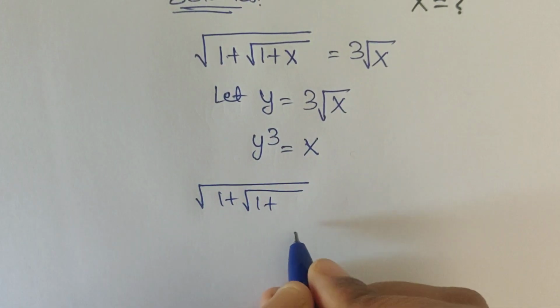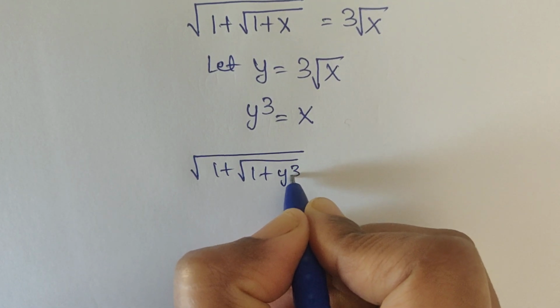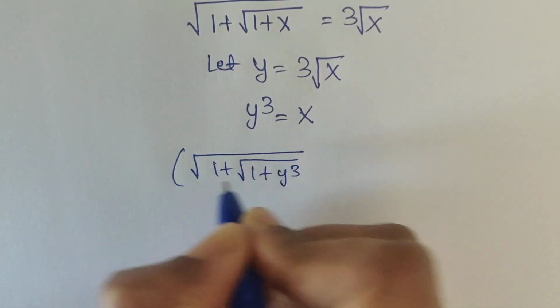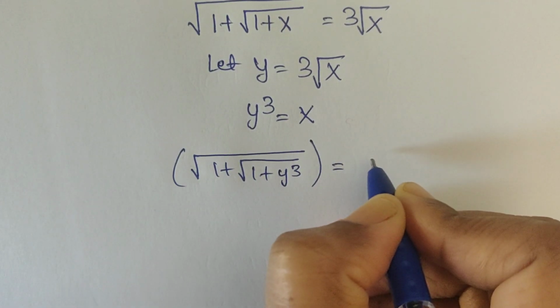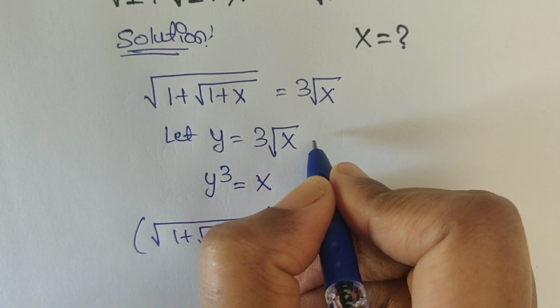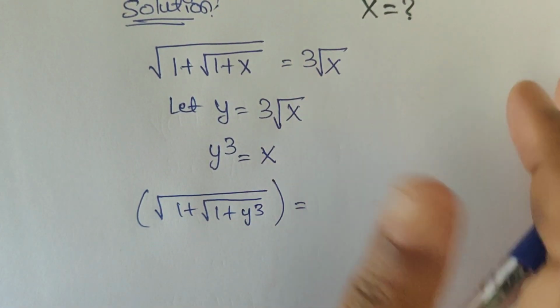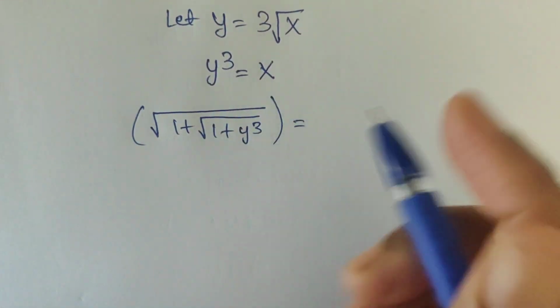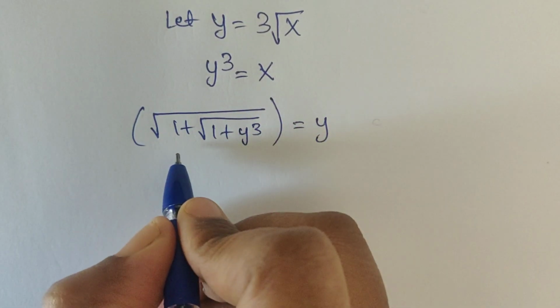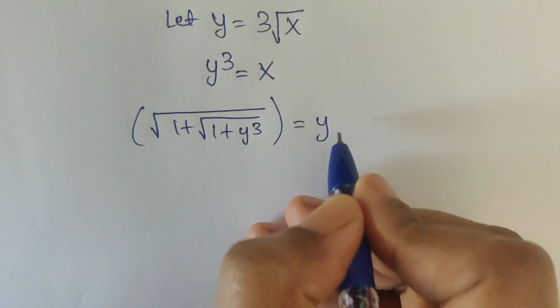In place of x we can write y cube. So the cube root of x is equal to y. Now apply squares on both sides.